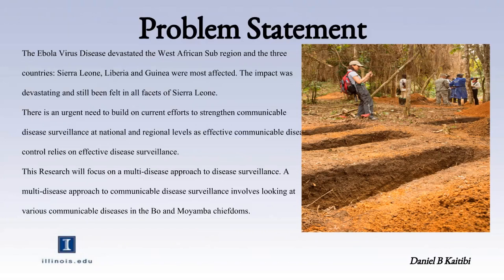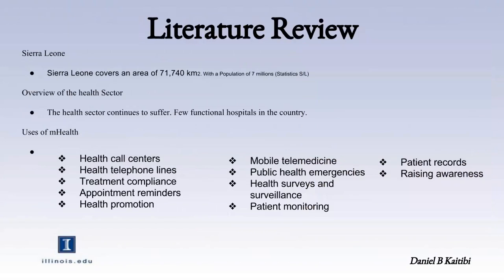And so after the Ebola, government decided that they needed to strengthen their health systems. So this research will focus on a multi-disease approach to disease surveillance. That way, once we can identify diseases, then we can find ways to fight them in the event they become an epidemic. Next slide, please.